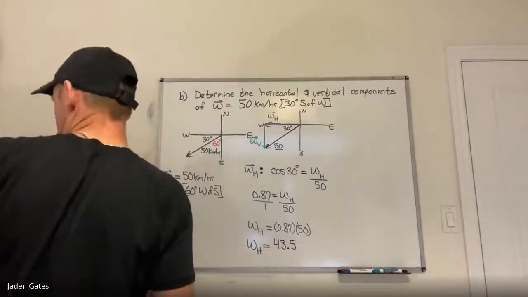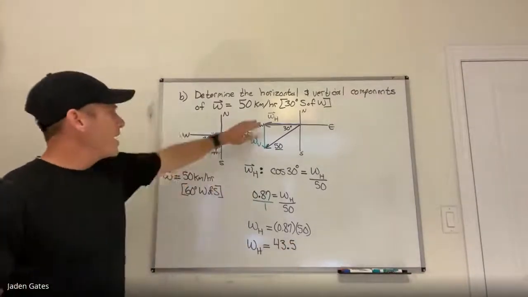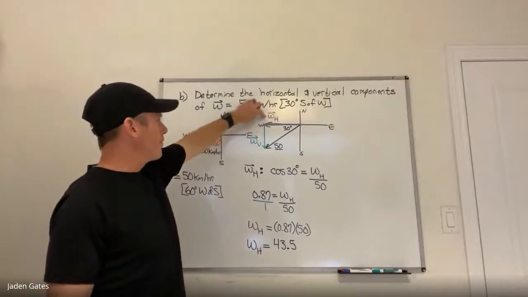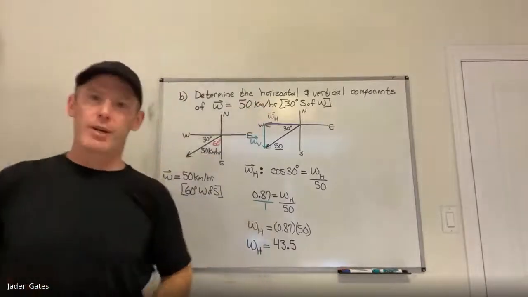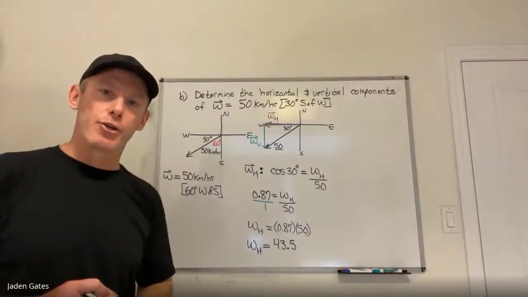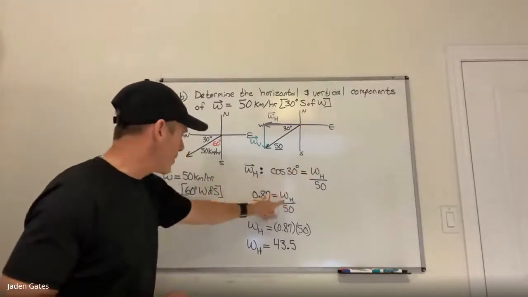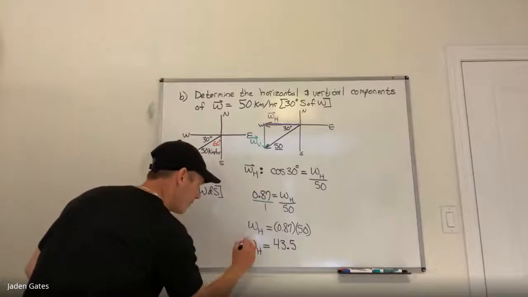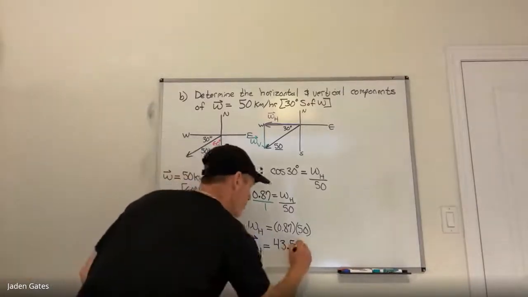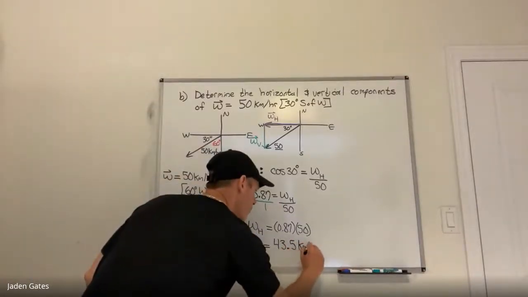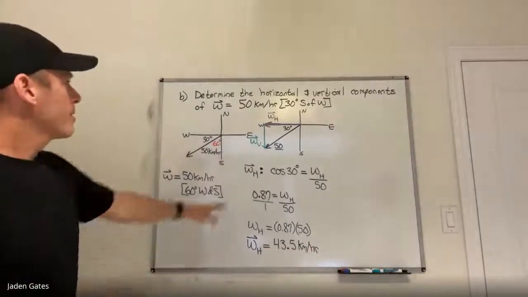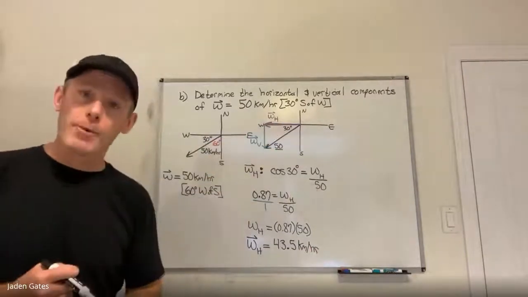Now, here's the key, because I'm not done yet: the horizontal component of vector W is a vector itself, which means it has magnitude and direction. That's why you'll see that I didn't put a little arrow sign on this WH until right here, because this is unit-wise kilometers per hour, and I can look at my diagram and determine the direction.